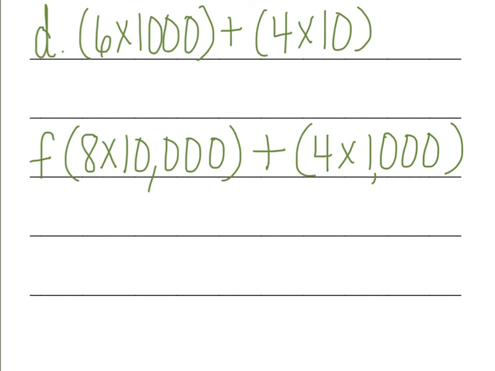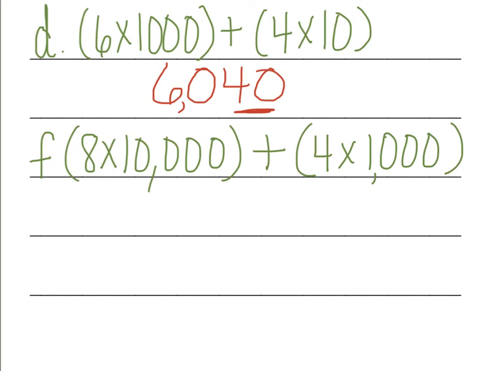And for D, it should be 6 in the thousands place. There is nothing in the hundreds place. 4 in the tens place. Now this is where you have to be careful. There is nothing in the ones place. It's very, very easy to forget that last 0, but you would say then 4 times 10 is 40. So notice I'm actually having to write the 40.